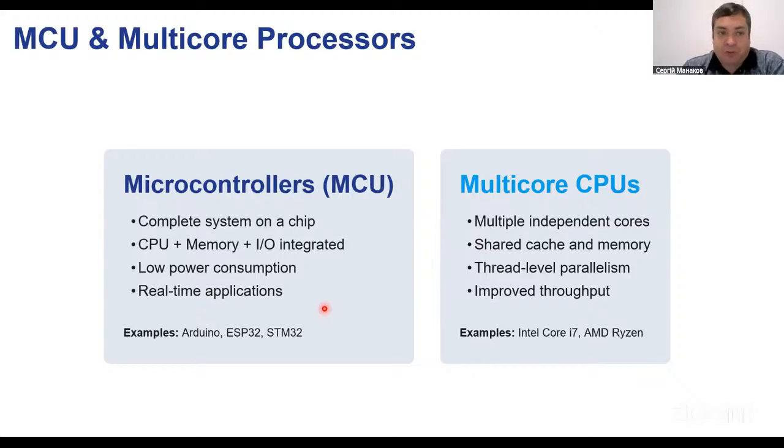They are slower, but each MCU is a one-crystal computer, which has its own CPU core, its own memory, even its own input-output devices that are integrated on a single chip. And also MCU is characterized by lower power consumption and is used for real-time applications, because the word control has the meaning that we want to control some real-time device.